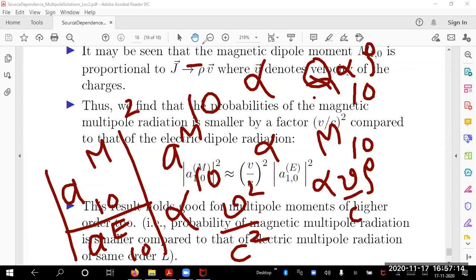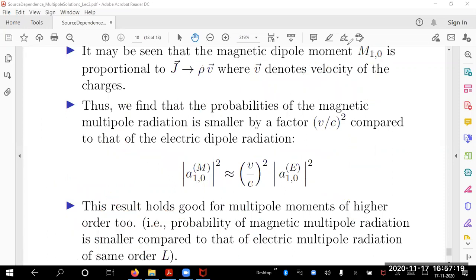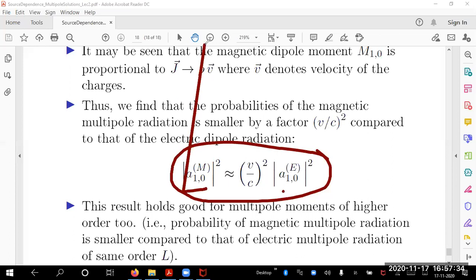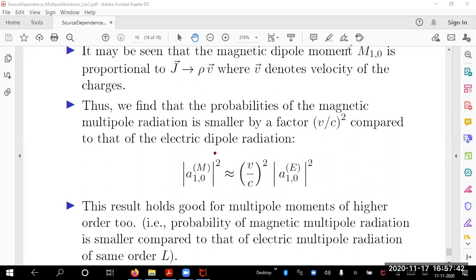Here there is a C also. I am just trying to highlight this throughout. After all that, the mod squared of the amplitude of the magnetic multipole radiation is V by C whole squared times that of the electric transition. So what I am finally telling you is that magnetic is smaller compared to electric.